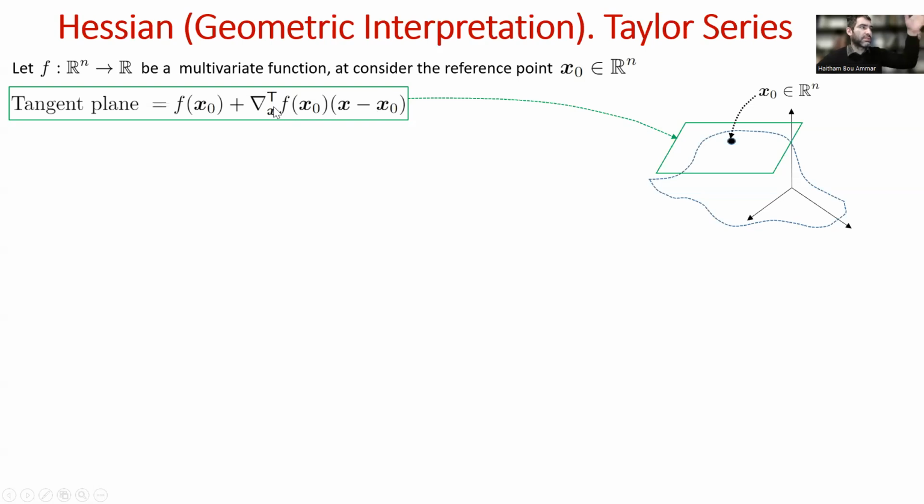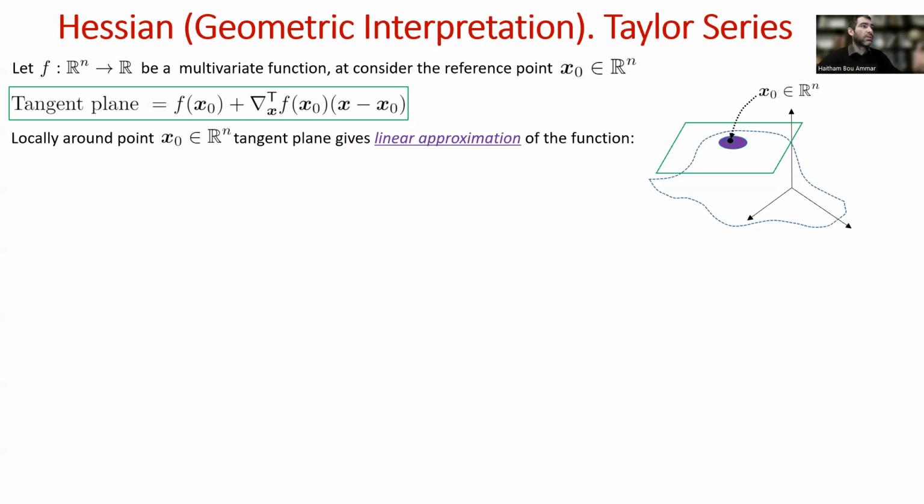And of course the gradient is the gradient of the function evaluated at the point x0. So the only thing that varies in that expression is this x, and everything else is basically defined by the function at the point itself. And we already know that the meaning of that tangent line is that locally around the point x0, this tangent line gives us a good linear approximation of the function.